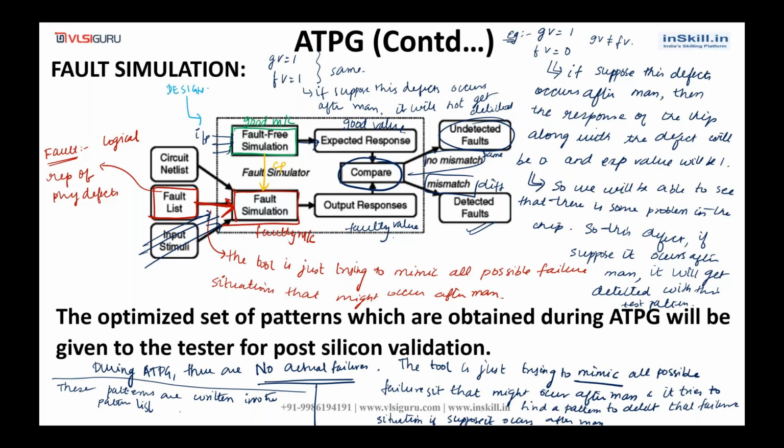The physical defect we call a defect; the logical representation of the physical defect we call a fault. So there is no terminology called manufacturing faults; it is manufacturing defects. Fault means a logical representation of manufacturing defects or physical defects.